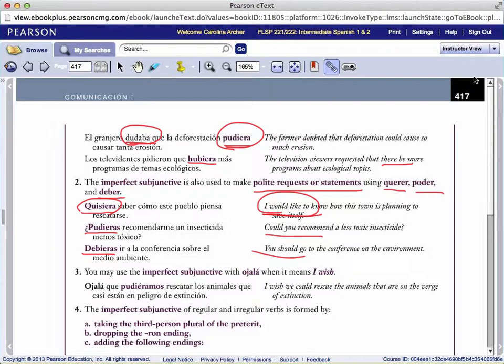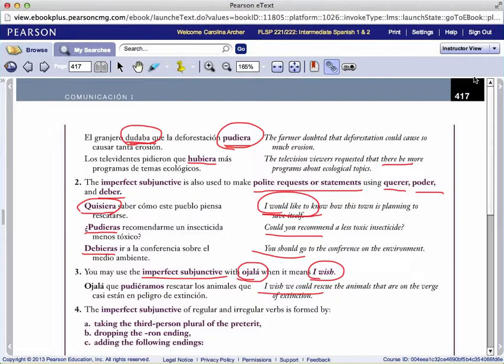And we can also use the imperfect with ojalá when it means I wish. I wish means that it's something that is not really possible. You're just wishing this something were true or real, but it's not. Okay. When you use the present subjunctive, you say I hope that it doesn't rain. Then it is something possible, right?